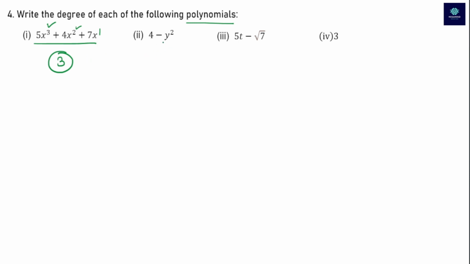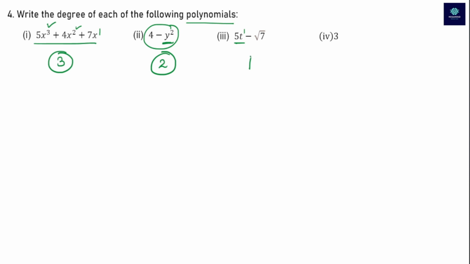Coming to question number 2, y is that variable and highest power of y for this whole expression is 2. You don't have any other y term that has greater power than 2. So for this question, the degree is going to be 2. And now in question number 3, 5t minus root 7. So t is the only variable here and it is raised to the power 1.